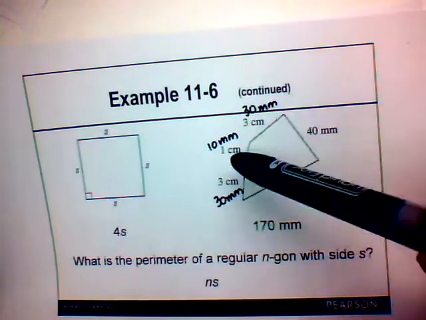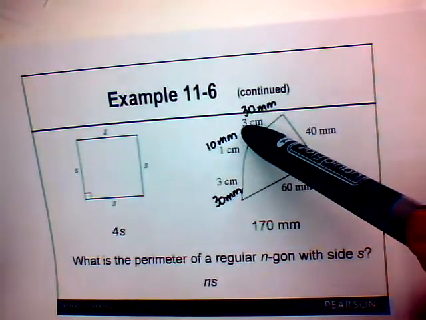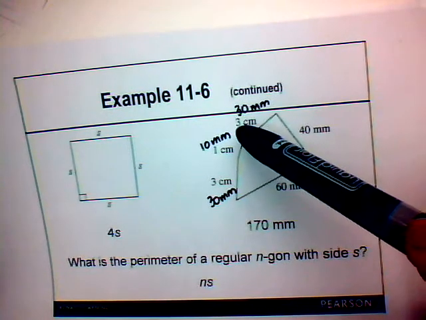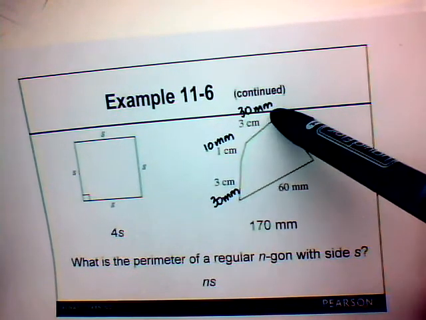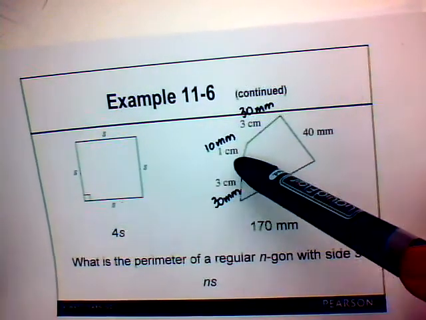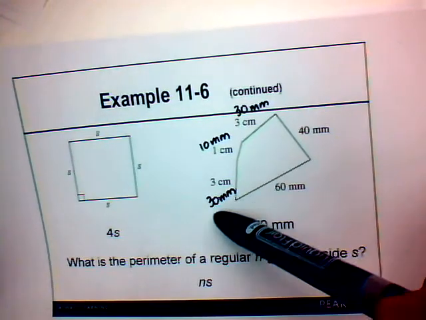Now if you recall, from centimeters to millimeters, you have to go 1 place to the right. So I need to go 1 place to the right here with the decimal point. So 3 centimeters will be 30 millimeters. In this case, 1 centimeter will be 10 millimeters, and 3 centimeters again will be 30 millimeters.